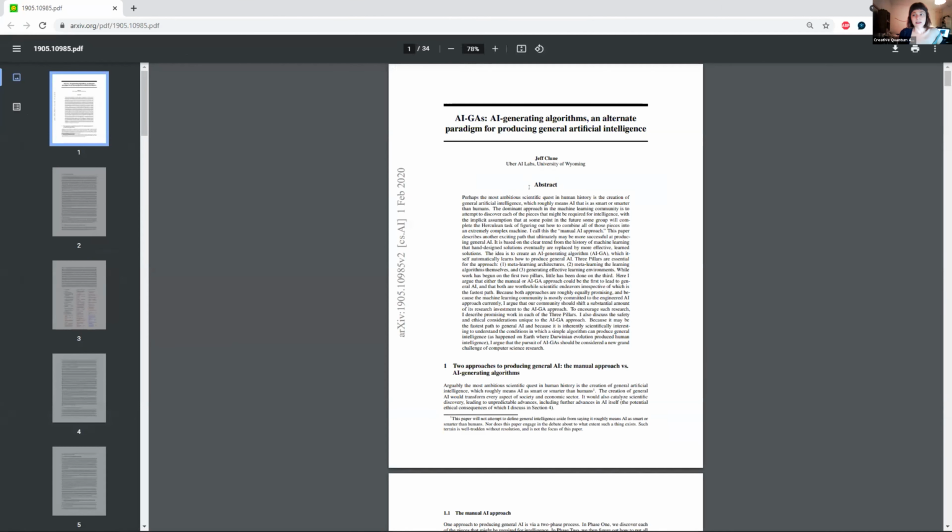So that's the paper, and this guy, Jeff Clune, also very inspirational and a great member of the machine learning community. Contributed this not too long ago and is tackling the question of general artificial intelligence and is offering some other path to look into it. So an alternative to the manual path we are currently focusing on in the community.